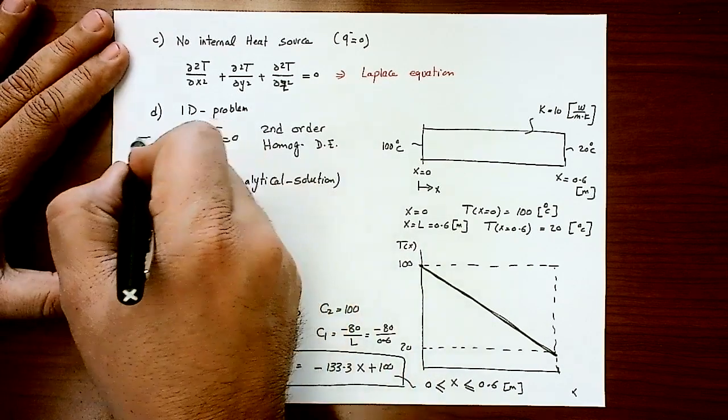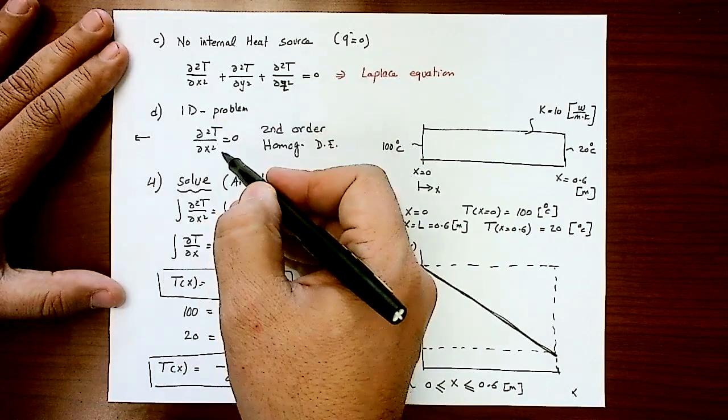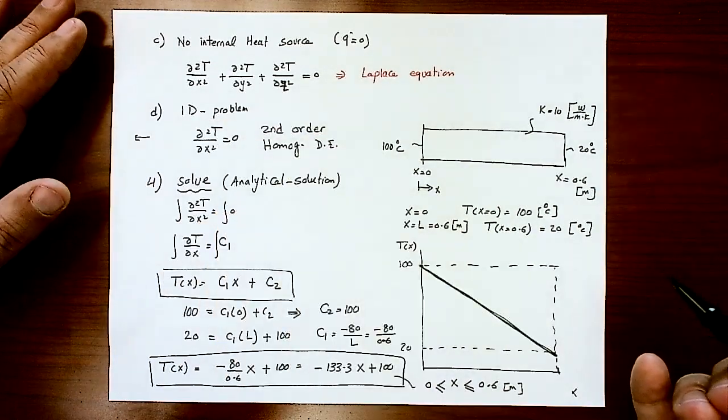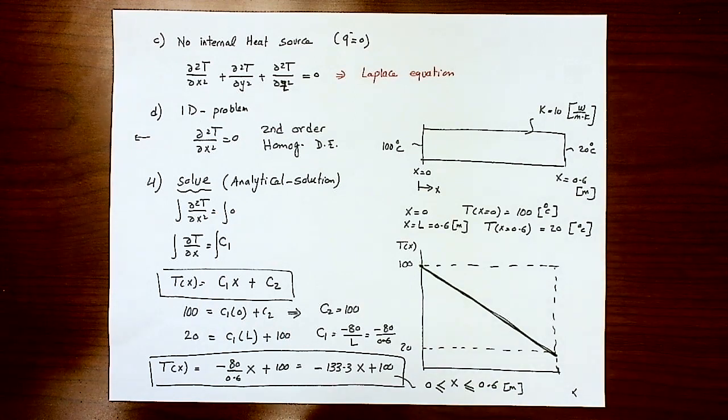I'm going to stick to this equation, and I will approximate it using the discretization finite difference technique to end up with a set of linear algebraic equations to solve numerically. Then we can get the solution, and we can compare what we get analytically with what we get approximately using the finite difference method and see its accuracy.